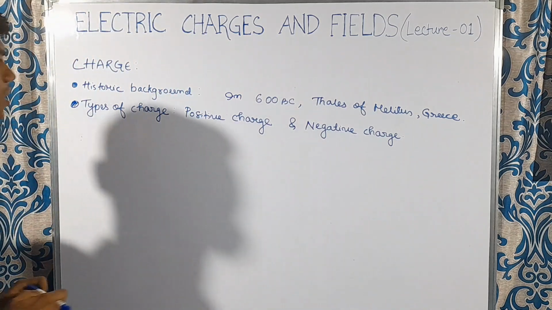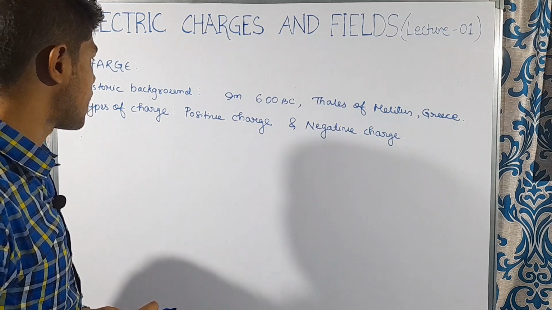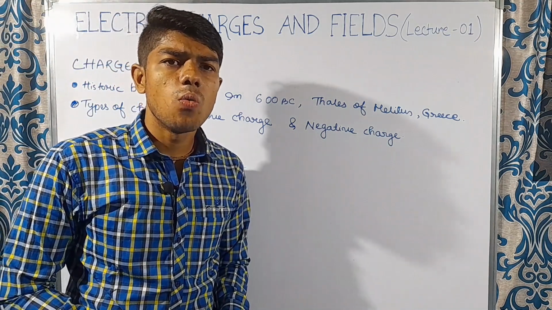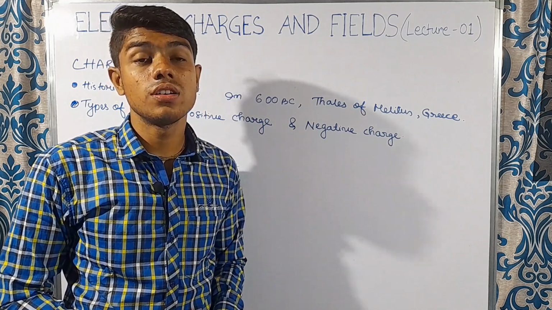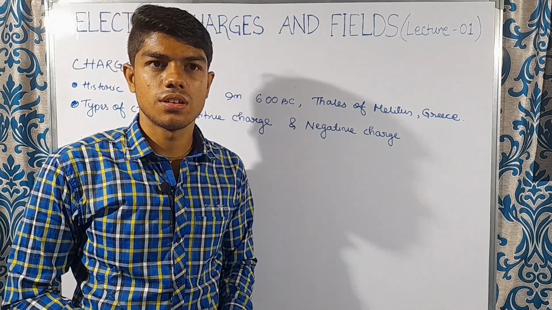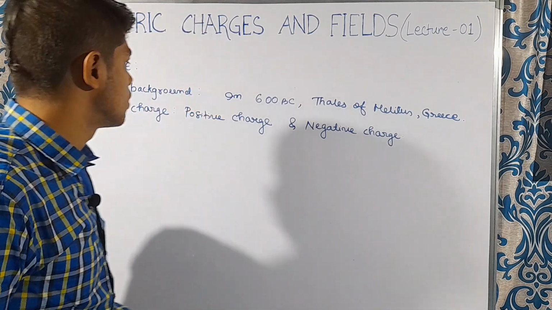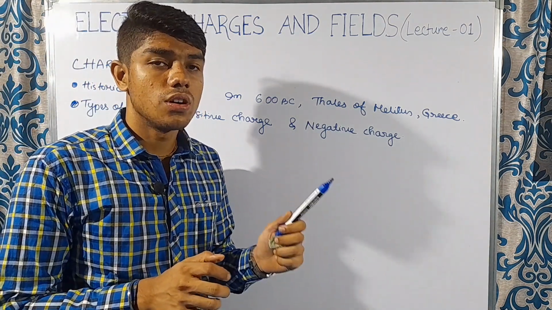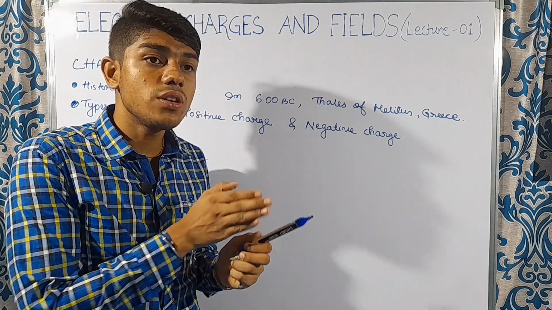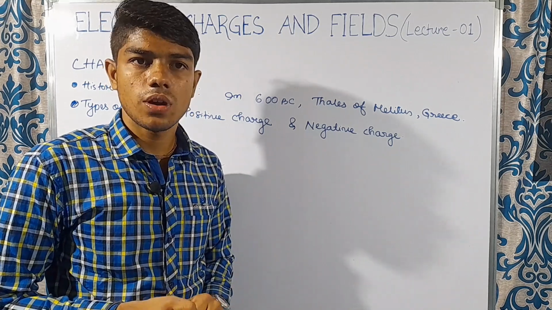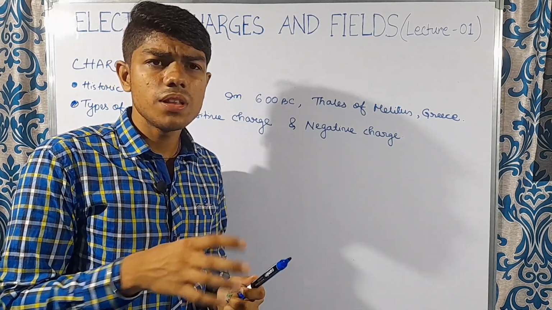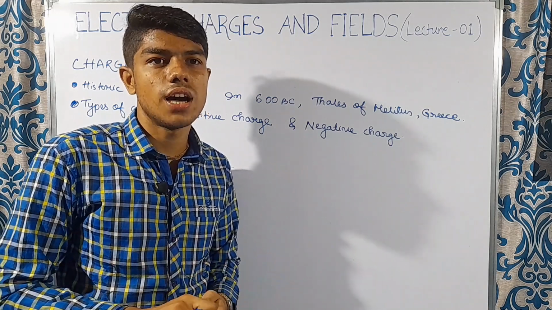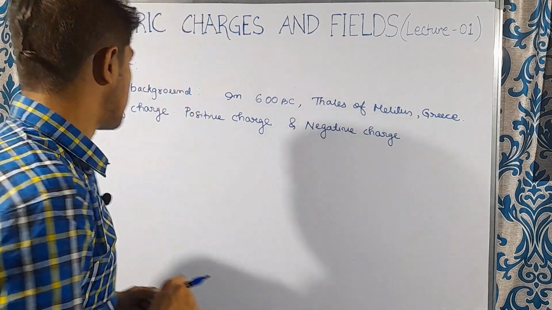Now the question that actually comes to our mind is: why does a body acquire electric charge? Understood? When the two bodies are rubbed, or when that glass rod or the plastic rod was brought in contact with the pith balls, the pith balls got charged. Now how they got charged or why they got charged, that is the question that comes to our mind.